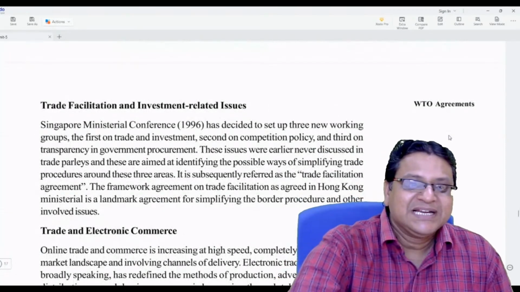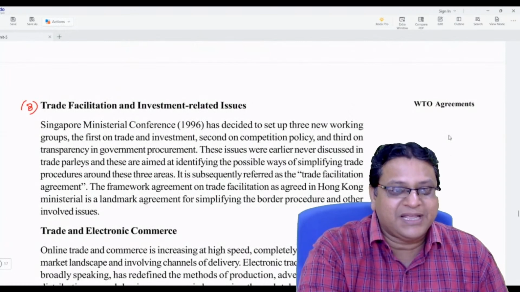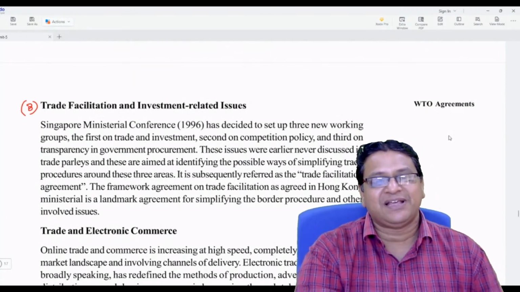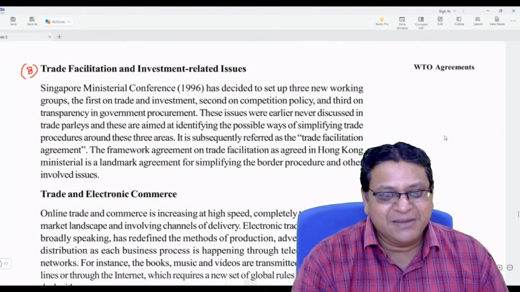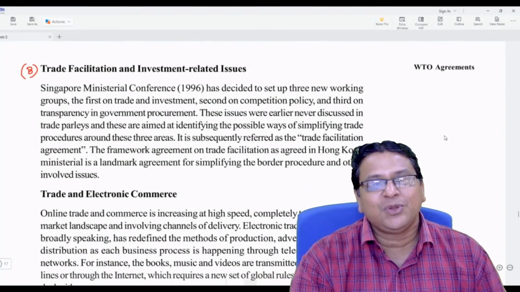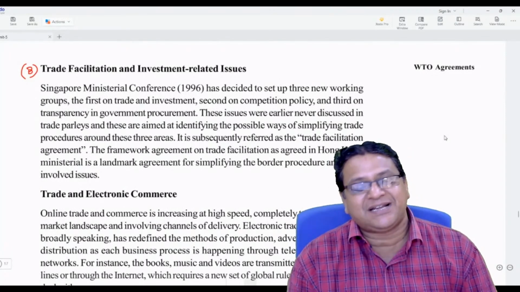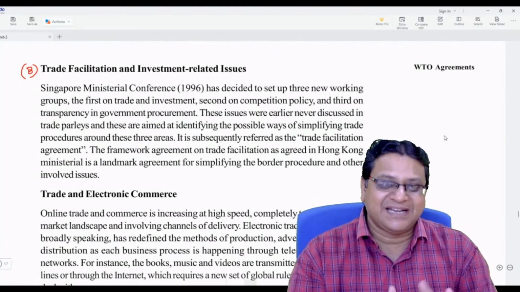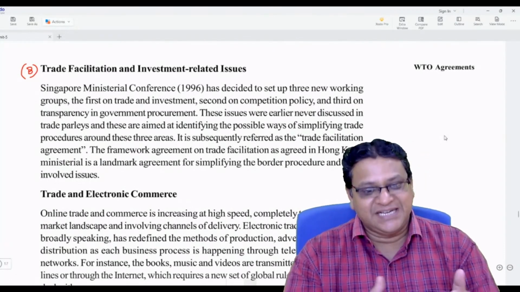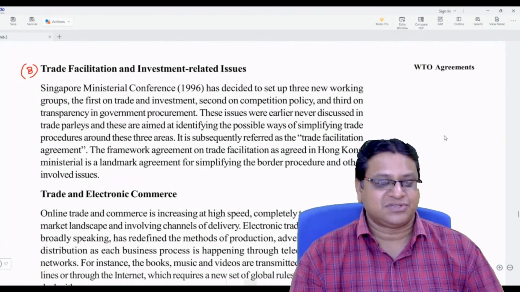Then the third one is the TFA agreement. This is the most important agreement, the Trade Facilitation Agreement. What is the Trade Facilitation Agreement? Generally, this agreement tells how the rules and regulations of international trade will be facilitated in different countries so that there will be less red tape and less delay in fulfilling international trade obligations.